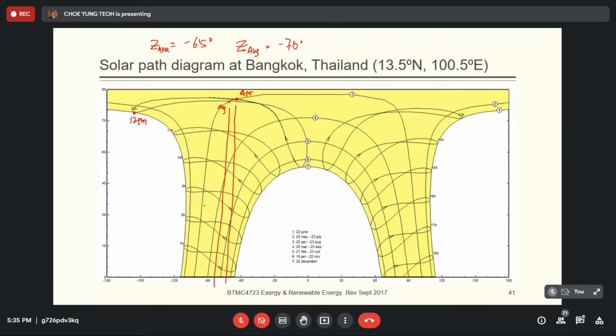Same thing for 8 a.m. to 9 a.m. to 10 a.m. All is very small change only on the azimuth angle. But when it starts to go near to 12 p.m. local time and 1 p.m. local time, see how much change within 1 hour, from negative 65 drop to around positive 90 in 1 hour. Okay, so azimuth angle can change a lot in one hour, but it's not really a linear relationship.